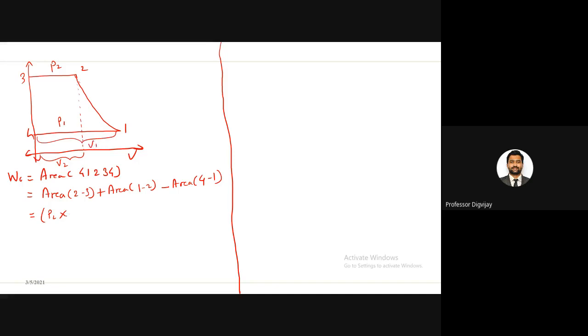So P2 into V2 plus area 1 to 2 for isothermal compression. So here we will take case 1, isothermal compression. In this case, this area will be, sorry, not P1 V1, this will be P2 V2 minus P1 V1 divided by n minus 1.